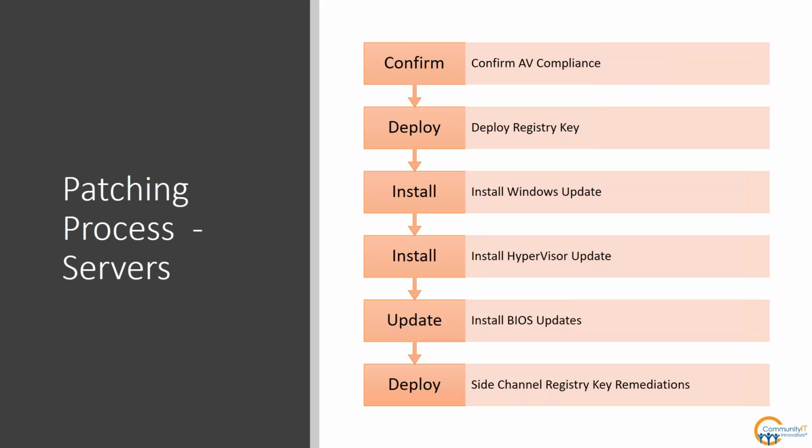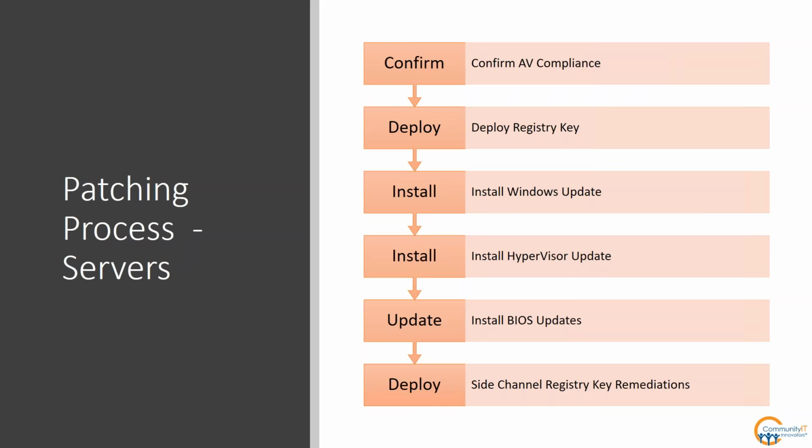We're going to update Windows on the Hyper-V host, and we're going to enable the mitigations. And then we are going to also install the BIOS updates once they're available for the physical server. And we're going to boot everything back up, and we're going to make sure that everything comes up as expected. And then we're going to turn the guests back on, on those servers.